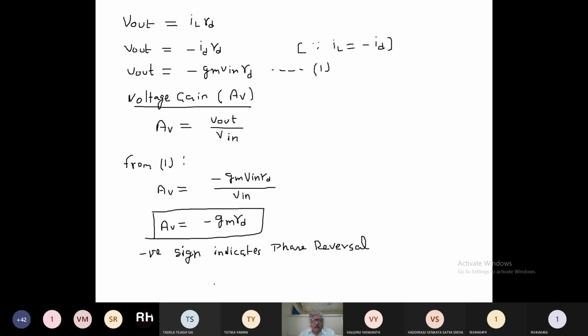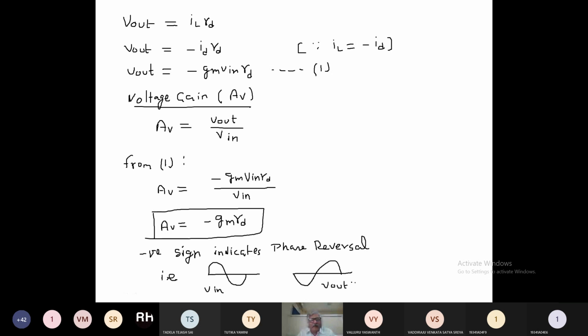It indicates phase reversal. That is, suppose this is your Vin. So our Vout will be this. This will be our Vout. Right? So this is the indication of the negative sign.